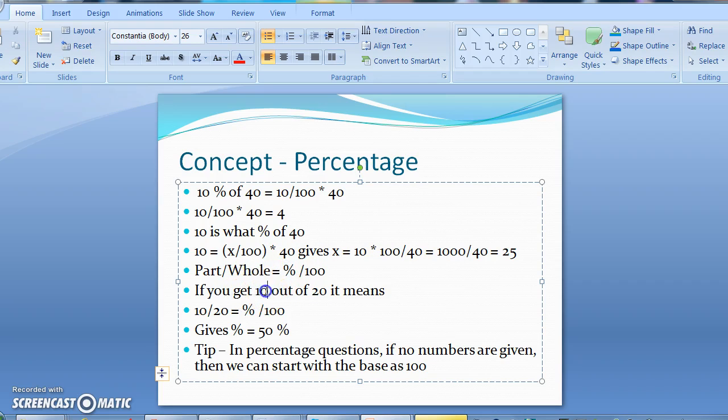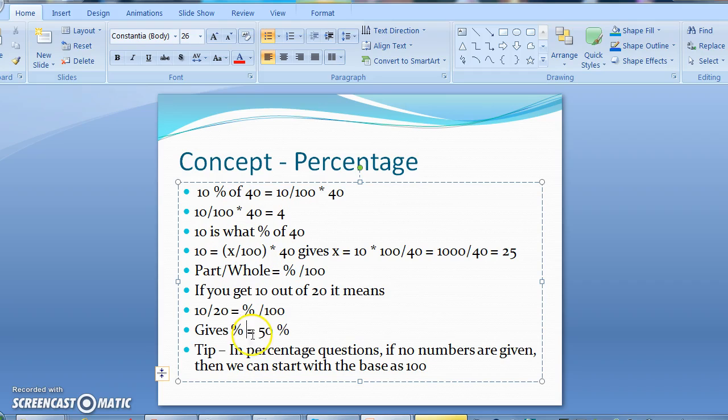So if you get 10 marks out of 20, then 10 out of 20 is how much out of 100, and cross multiplying gives the percent as 50%. So that's the basis of percentage: part upon whole is percent by 100. We can use this conversion method.